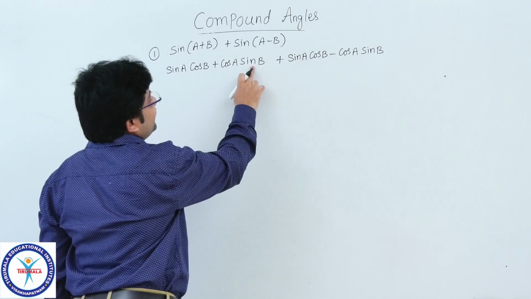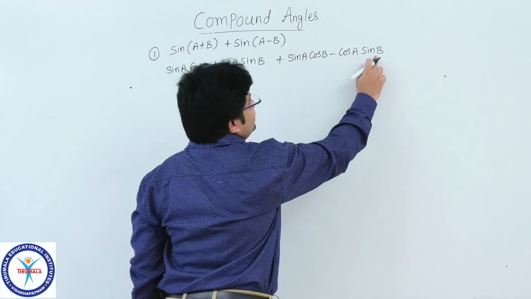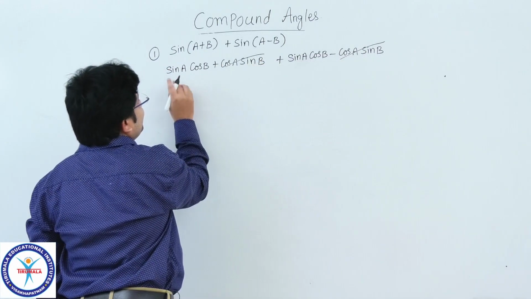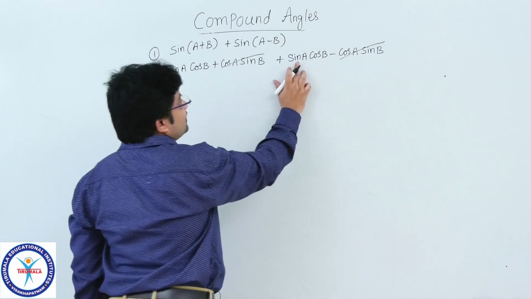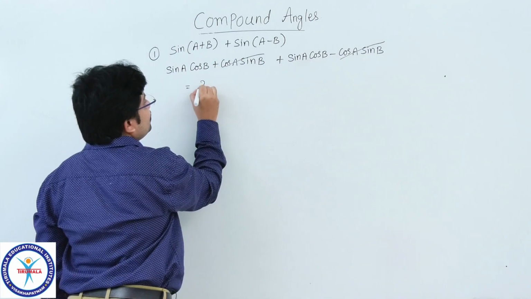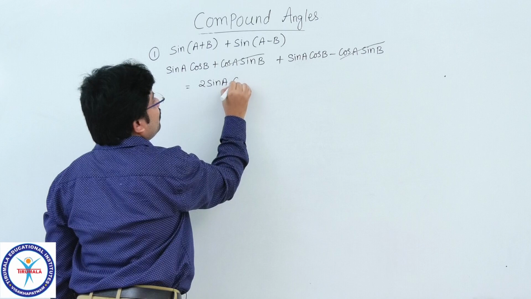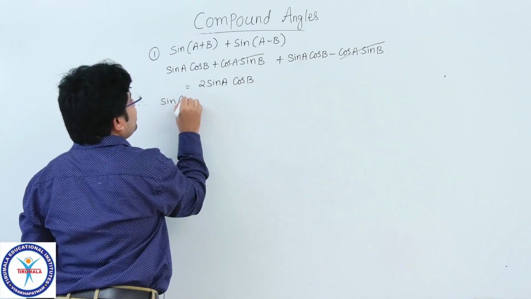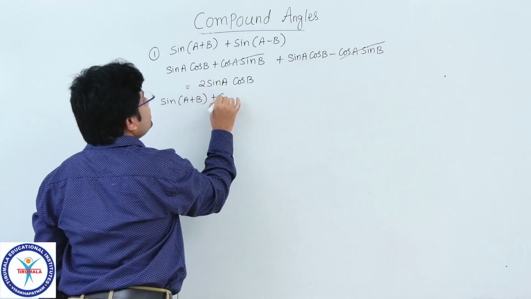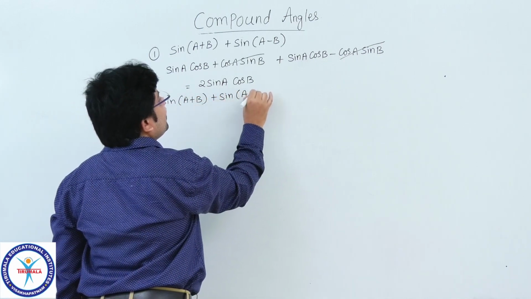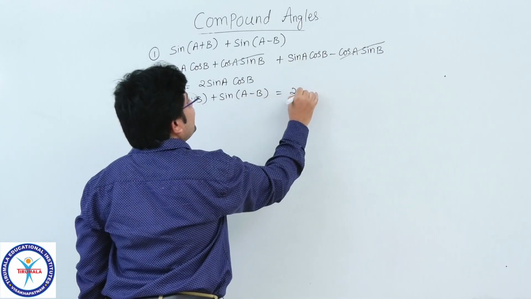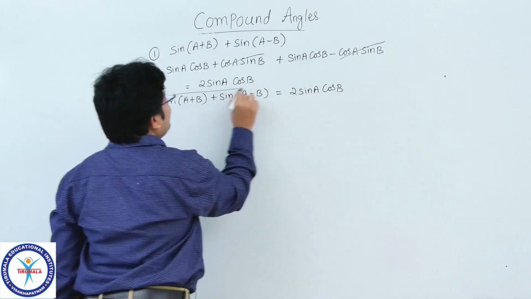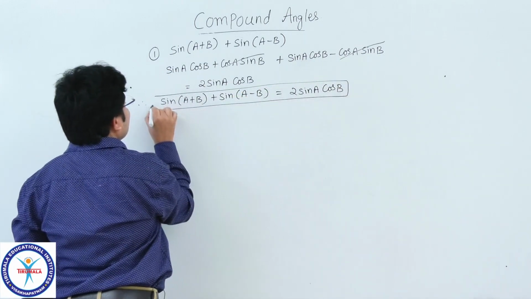Here plus cos a sin b, here minus cos a sin b, both get cancelled. Then what is remaining? Sin a cos b plus sin a cos b, that is 2 sin a cos b. Therefore, sin(a+b) plus sin(a-b) can be written as 2 sin a cos b. So, this is one of the important results.